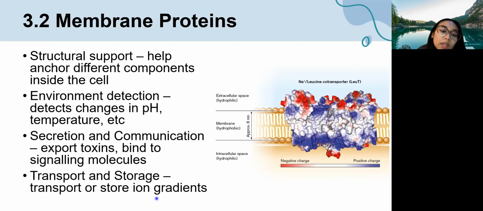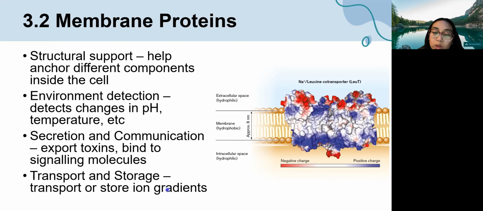And so they can control whether or not ions are moving back and forth to create a concentration gradient, which they can then use for energy later on. So pretty cool. Okay, like I said, we're just doing a brief overview. We'll obviously go over very specific types of membrane proteins as we go through the class.